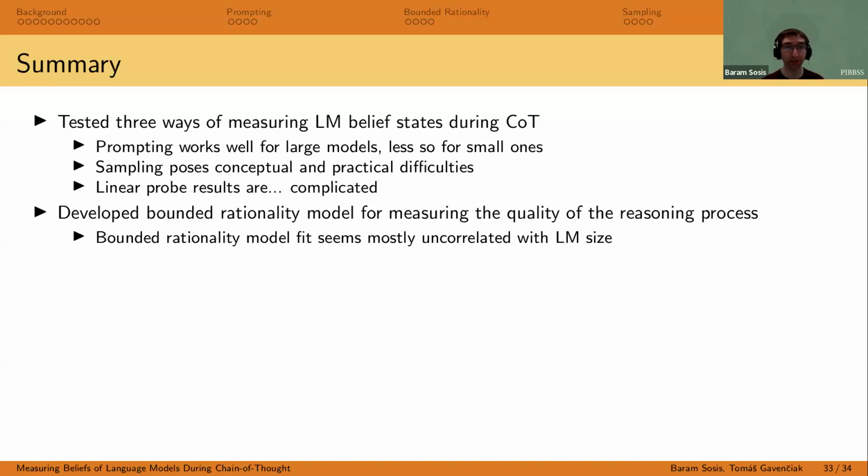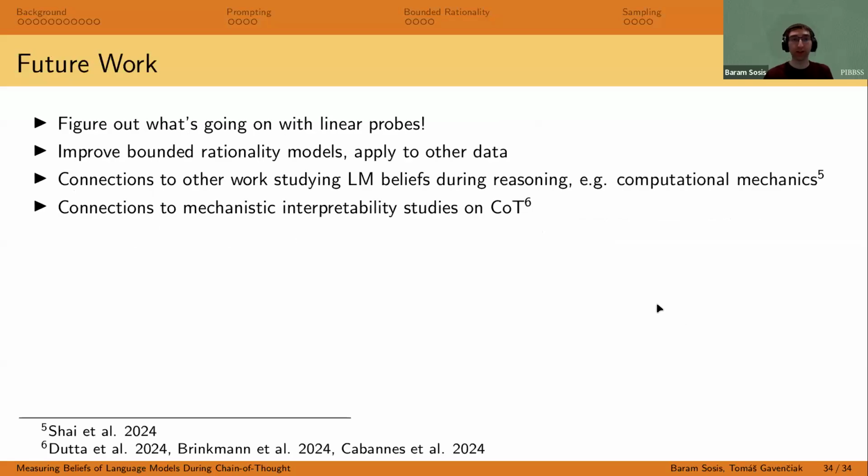We also looked at the bounded rationality model to try to measure how coherent the chain of thought process was, and that didn't work so well. At least it didn't seem to be very correlated with language model size, which is what I was hoping to see. So going into the future, the first order of business is to really figure out what's going on with these linear probes, because there's definitely something there, but I'm not sure what yet.